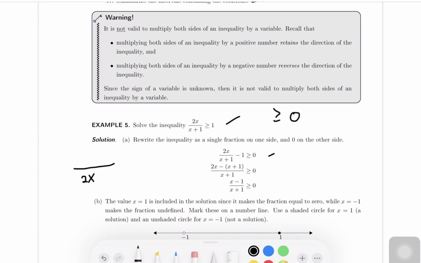So we have 2x, minus 1 times x plus 1, because x plus 1 is the LCD.